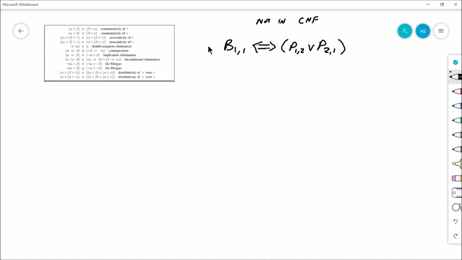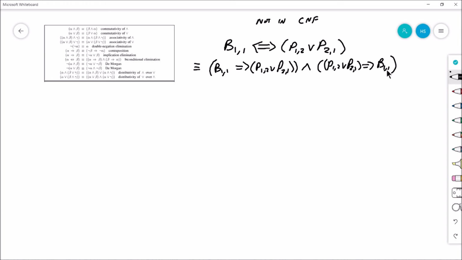So first thing we're going to do is start applying some of these logical equivalencies to get it into the right form. We can start off by doing biconditional elimination. If we do biconditional elimination, then we can get a new sentence that looks like this: B11 implies P12 or P21, and P12 or P21 implies B11.